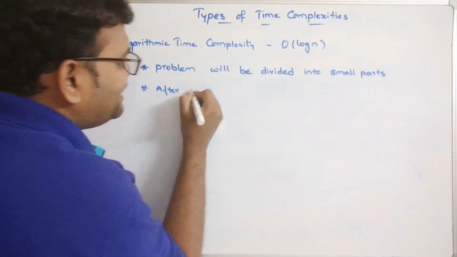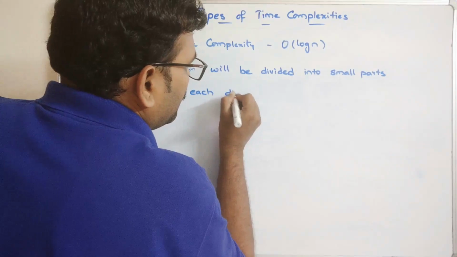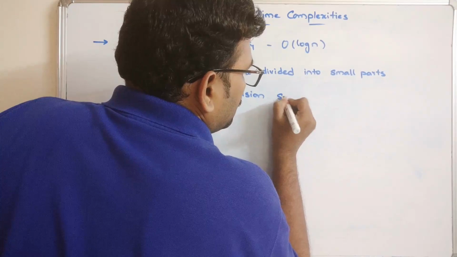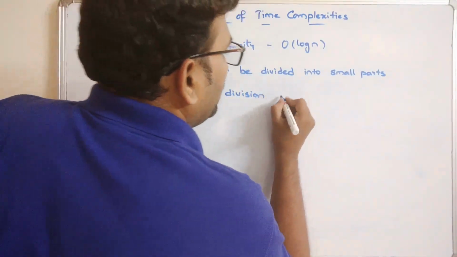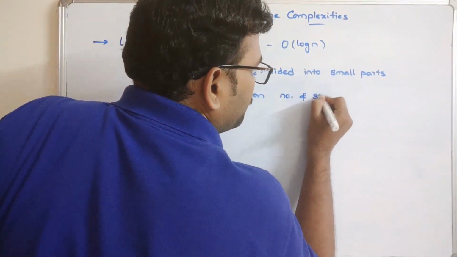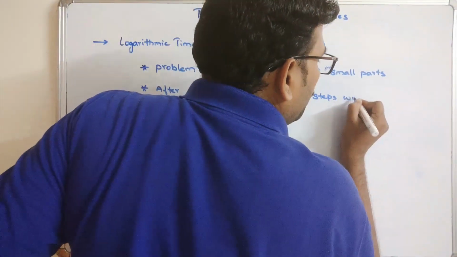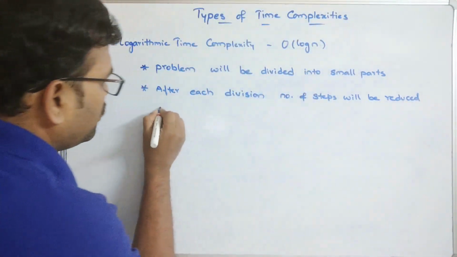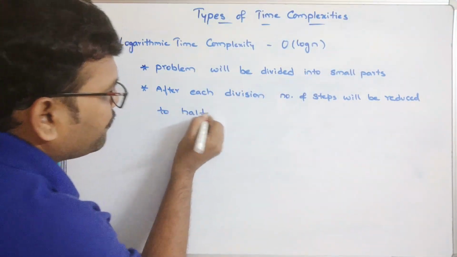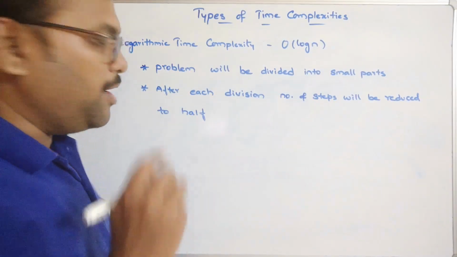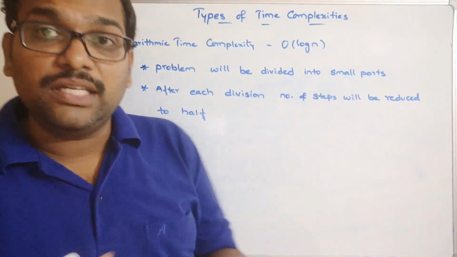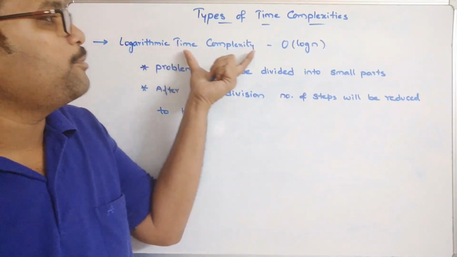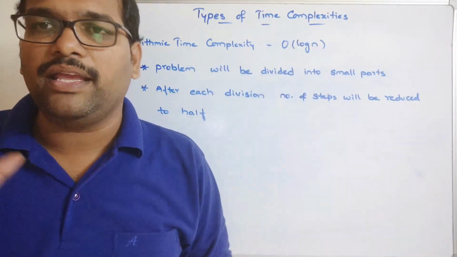After each division, the number of steps will be reduced to half. Such algorithms, the time complexity, we call logarithmic time complexity, and it is denoted as order of log n.